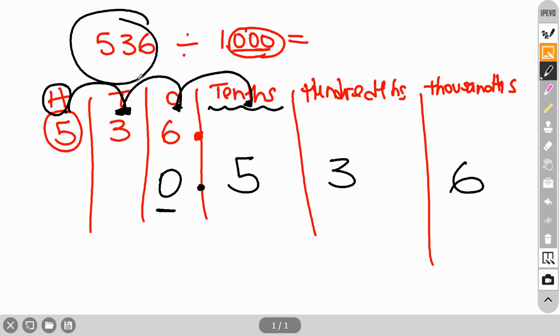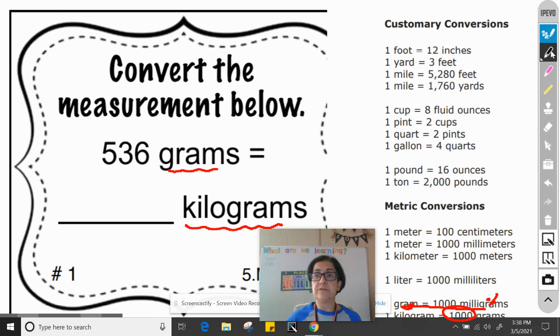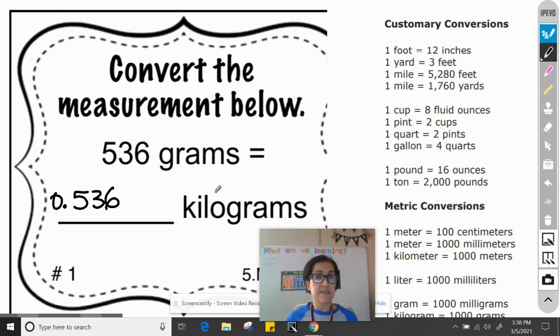Okay, so 536 divided by 1,000 equals 536 thousandths. It's in the decimals place. And if we go back here, that's the answer: 536 grams equals 0.536 kilograms.